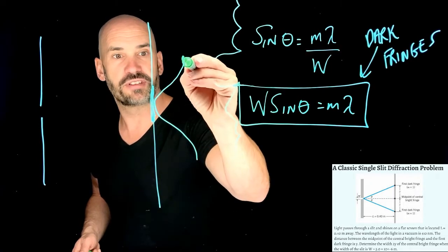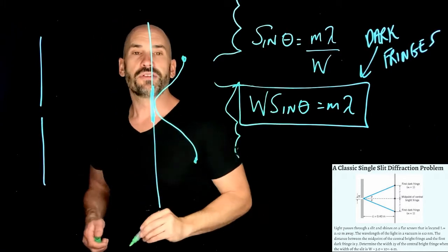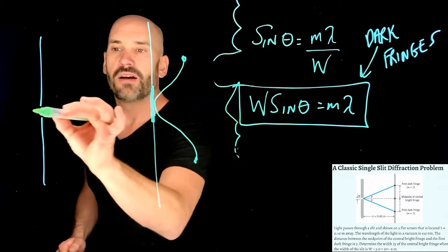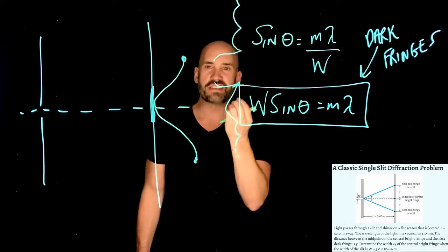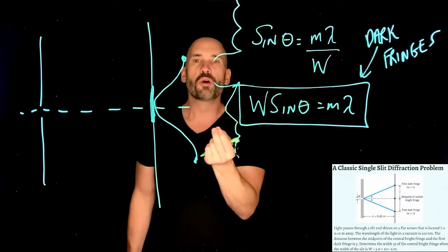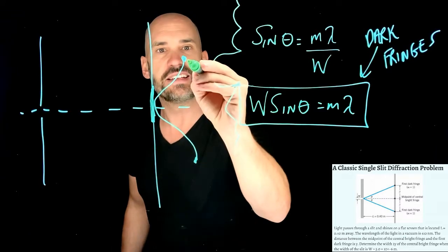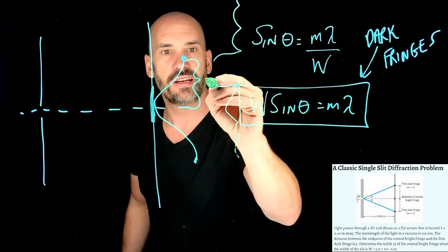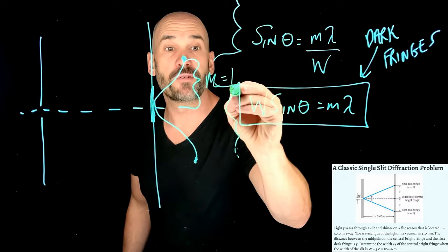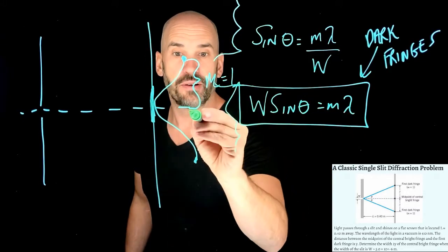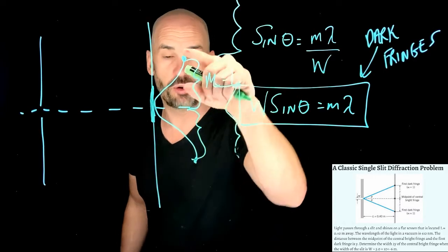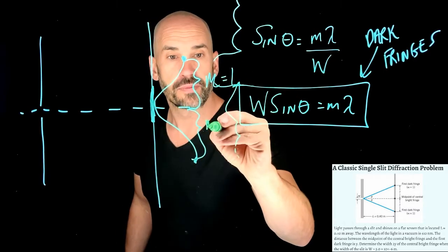Then there's going to be the first dark fringe here. So if we are looking for the width of the central bright fringe, we're really trying to find the distance here to m equals 1, the first dark fringe of this relationship. And we want to multiply it by 2 because we want the whole width of that, right?